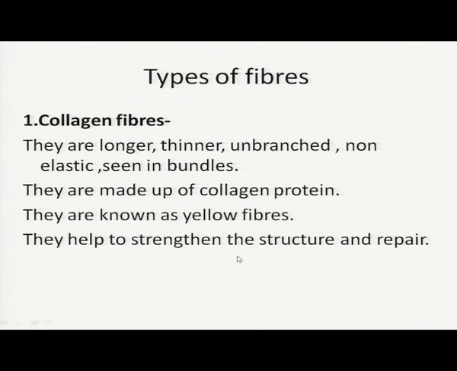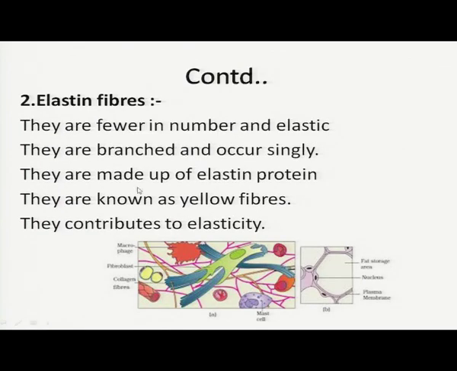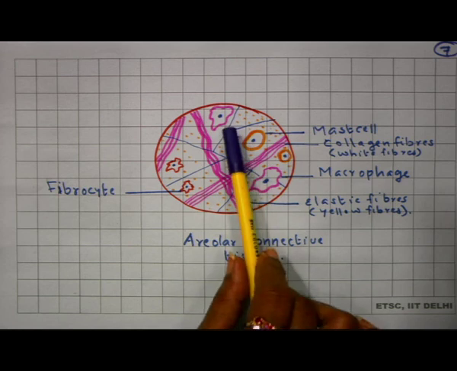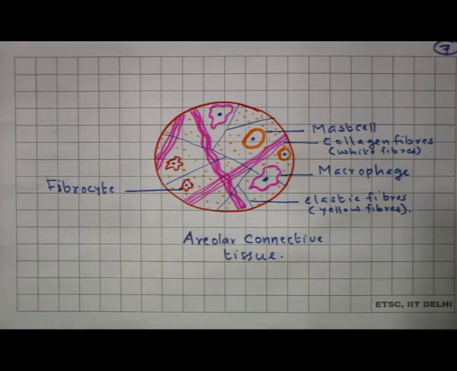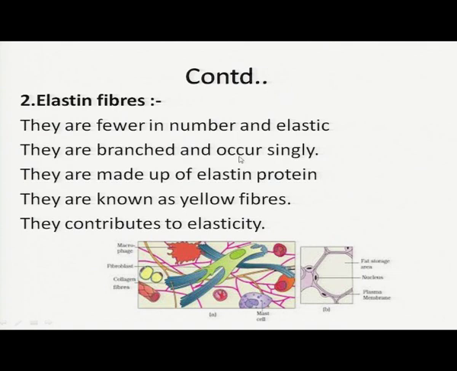They help to strengthen the structure and they help in repair. Now, coming to the yellow fibers, that is known as elastin fibers. You can see here, yellow fiber or elastin is thin and highly branched, made up of the protein elastin. They are seen singly and they contribute to elasticity.